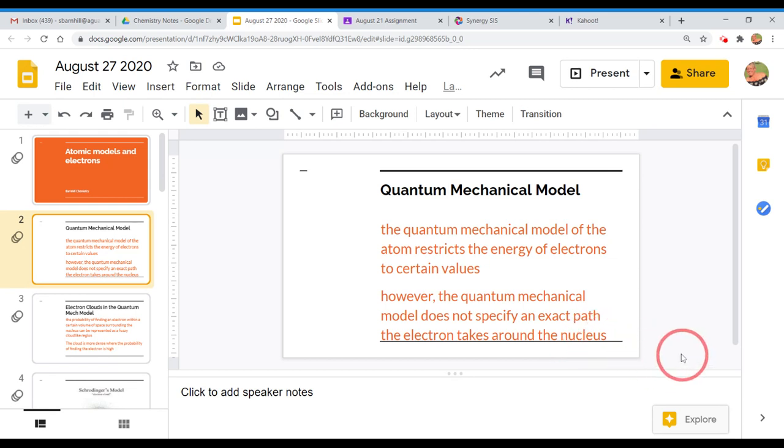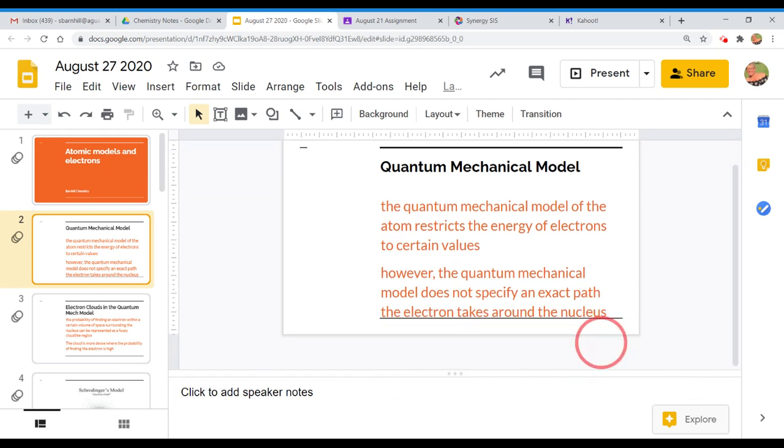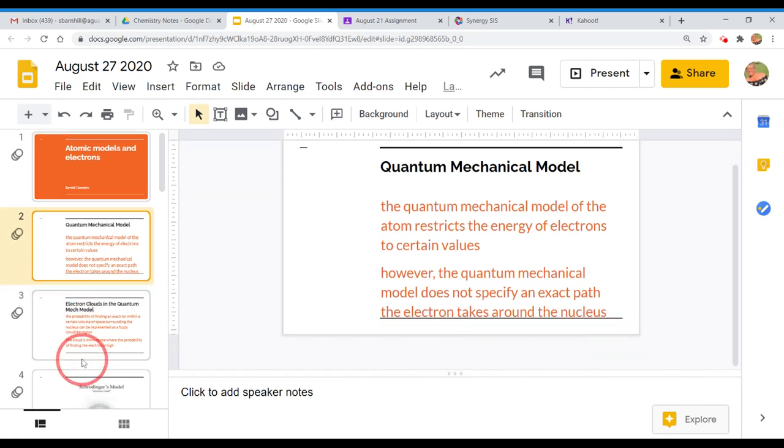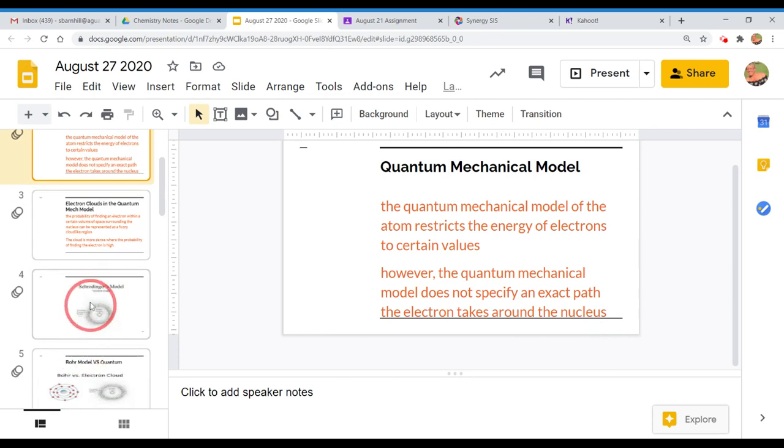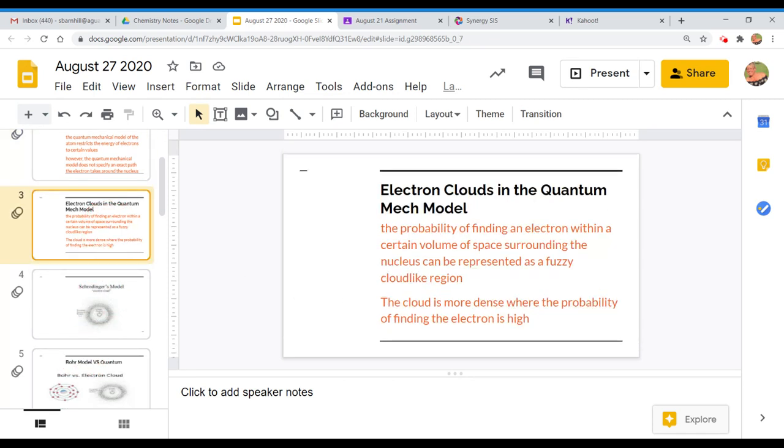Electrons are located in what are referred to as electron clouds. So the electron clouds in the quantum mechanical model are areas where there's a high probability of finding an electron.